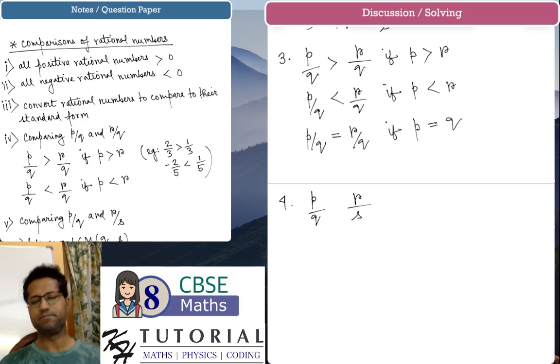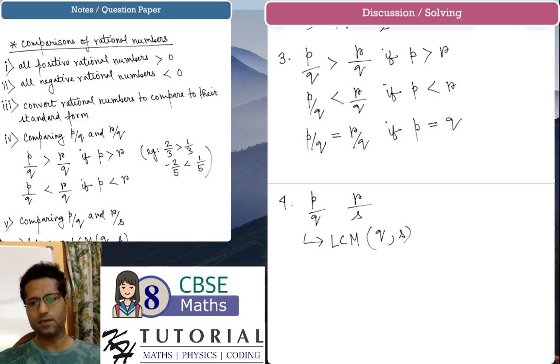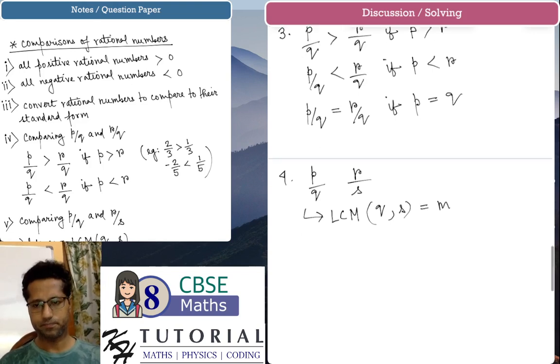How do we compare them? You find the LCM of the denominators of the two rational numbers. LCM of q and s, let's say that be m.